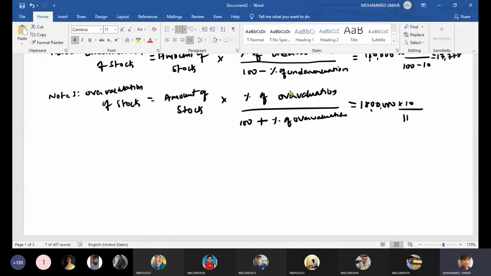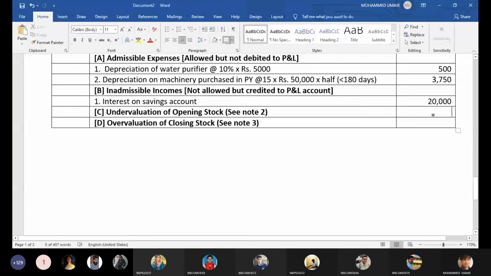So 10 divided by 100 plus 10. So we get 16,363. So let's write down this amount, 17,778 and 16,363.